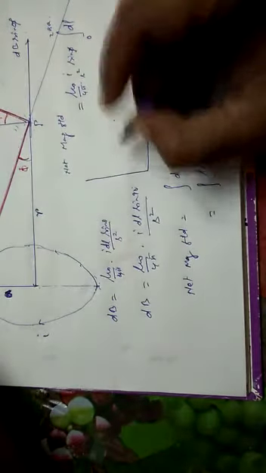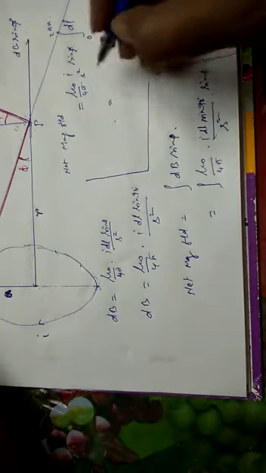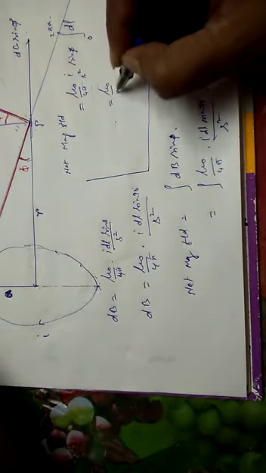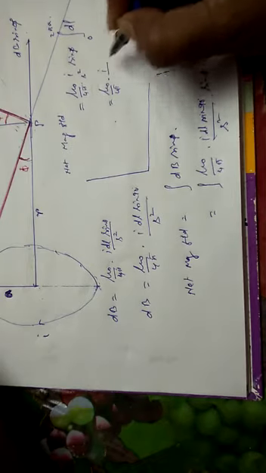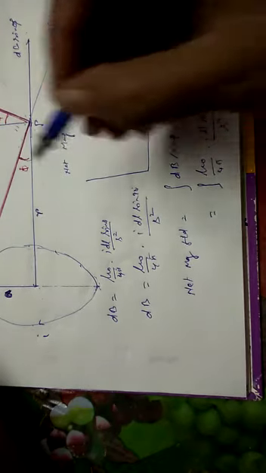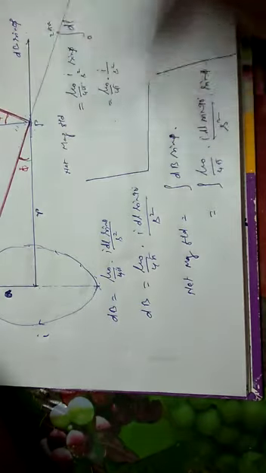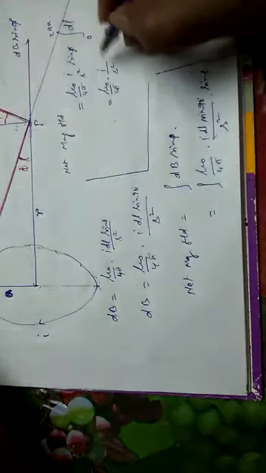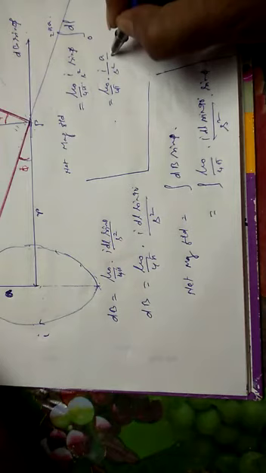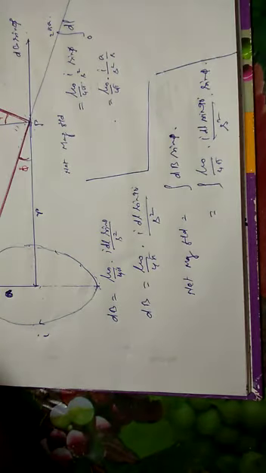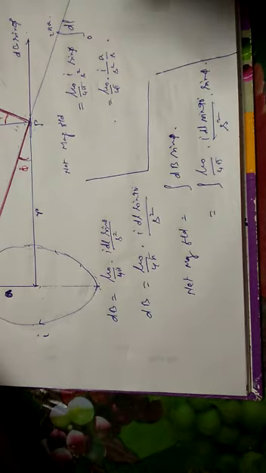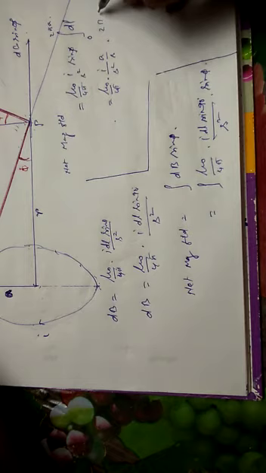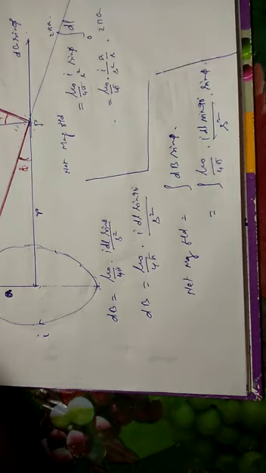So net magnetic field is equal to mu naught by 4 pi I divided by S square, and I can write the value of sin phi. Your sin phi is perpendicular by hypotenuse, that is a by S. And if you integrate del L, you will have L, and if you put the limit, it is going to be 2 pi a.